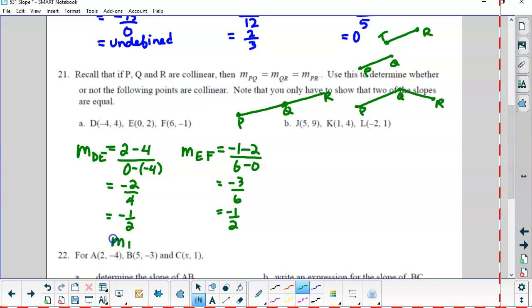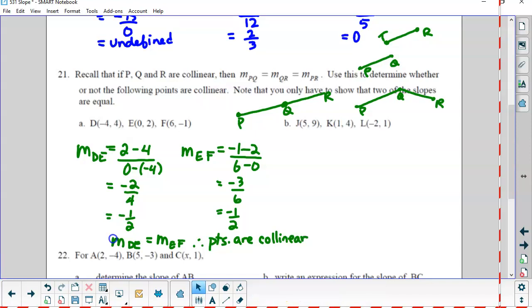So slope of DE equals slope of EF. Therefore, points are collinear. Okay. And then I'm going to get you to do B on your own. We're not going to spend the time on that one.